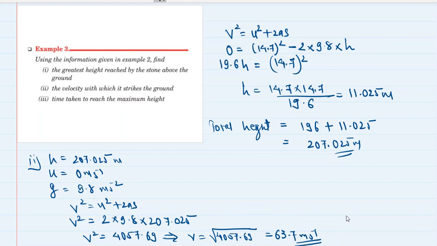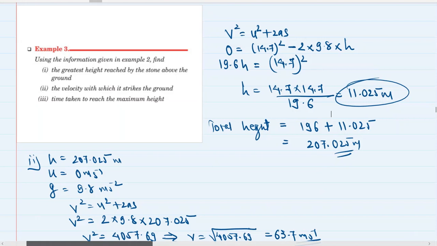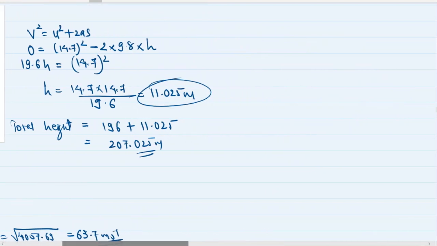And what will be the time to reach the maximum height? Okay, so we know that the maximum height is 11.025. So if we use the second equation of motion, I think we should be able to get it. Let's use it. So the second equation of motion is S is equal to ut plus half at square.